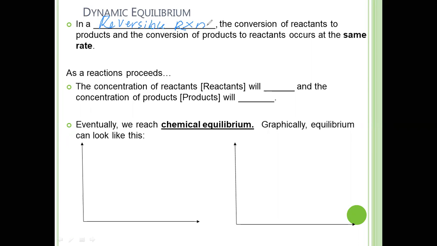As a reaction proceeds, the concentration of reactants, which we represent using these brackets, will decrease. You start out with a lot of reactants at first, and then the concentration of the products will increase. You start out with 0 products at first, and then you make a bunch of the product. And eventually you can reach chemical equilibrium.